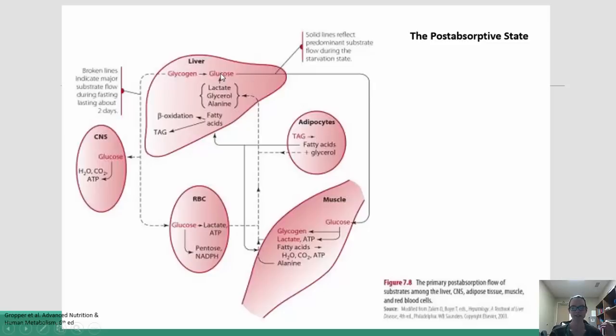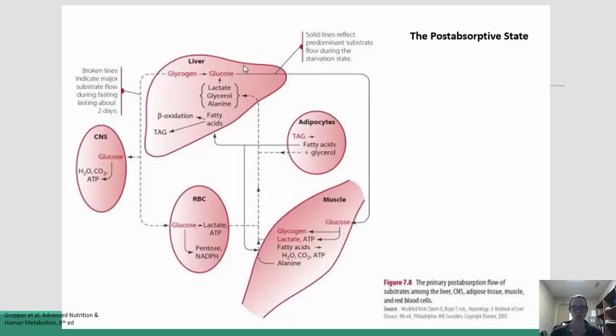So at this point, there's a diminished synthesis of glycogen. We're starting to break the glycogen down. There's also a diminished synthesis of triacylglycerols in the liver, because we don't have as much effective insulin at this point. And yes, we're breaking down glucose from the glycogen, but we're also going to start making some glucose via gluconeogenesis.